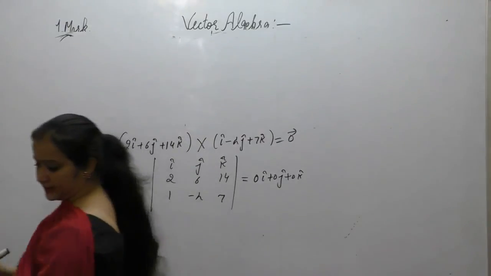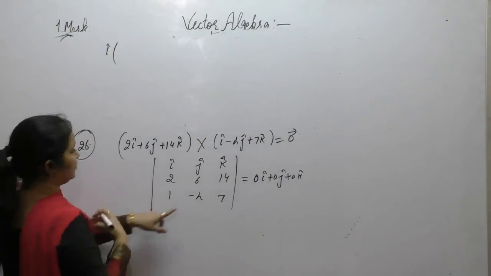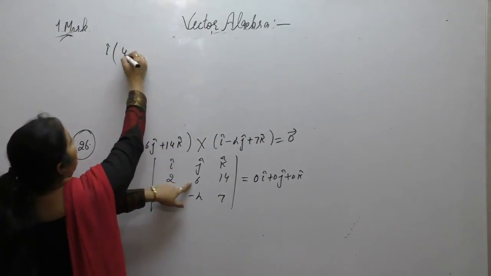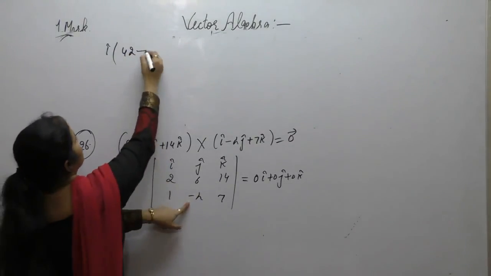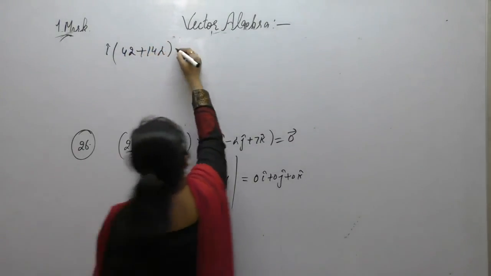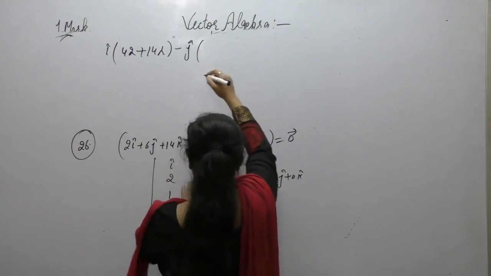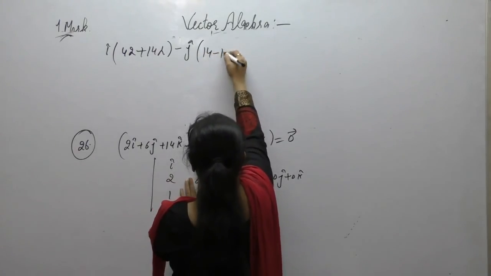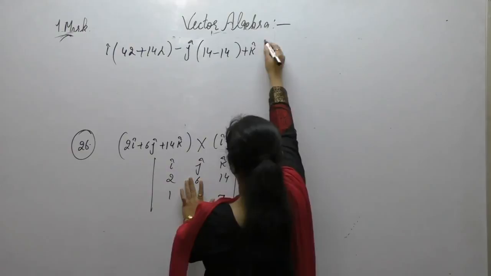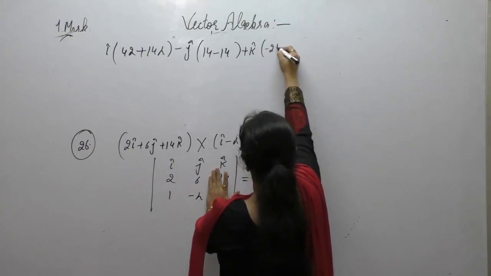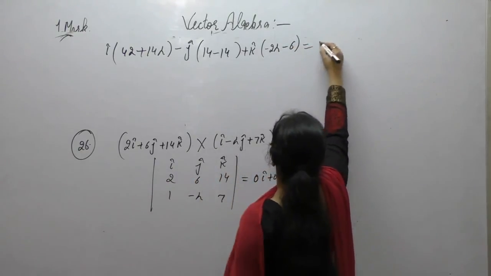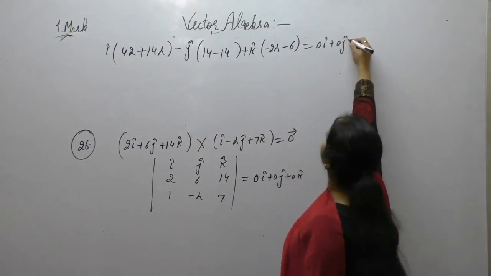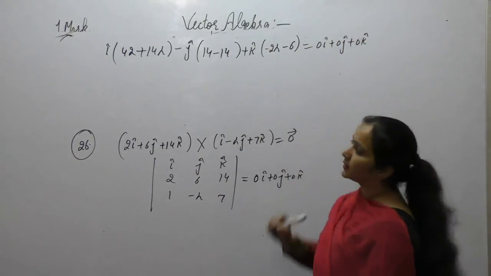Take the cross product. I component has value 7 into 6, 42, minus minus plus 14 lambda, minus j component 7 into 2, 14 minus 14, plus k component minus 2 lambda minus 6, equal to 0i + 0j + 0k cap.